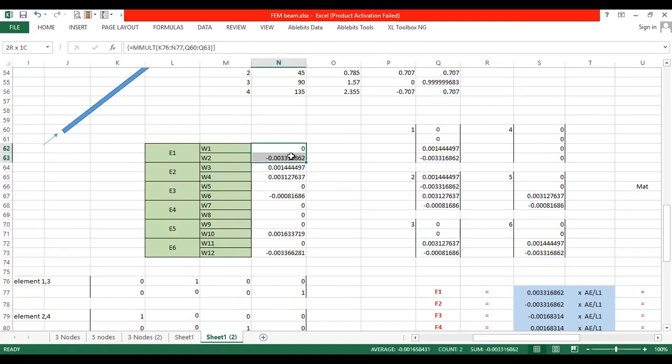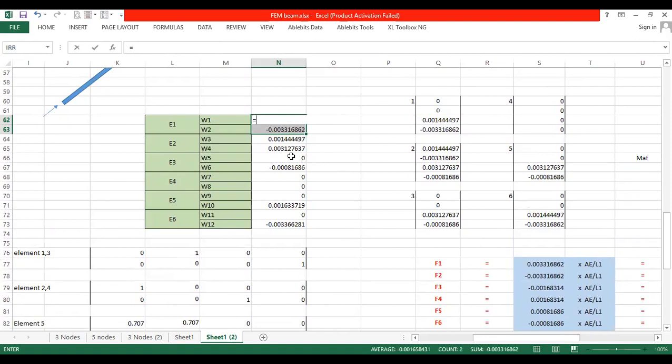You just need to multiply. For instance, for element 1, W1 is a 2 by 1 matrix from matrix multiplication: the transformation matrix multiplied by the nodal displacements of the first member, in order. The first member is connected from 1 to 2, so that means u1 v1 u2 v2.